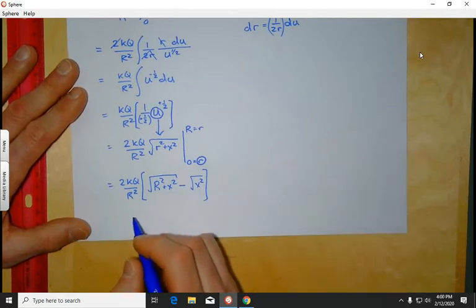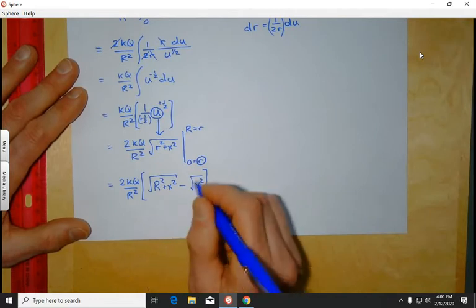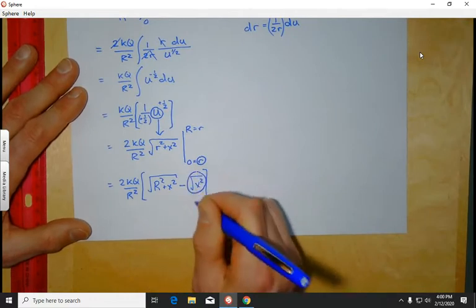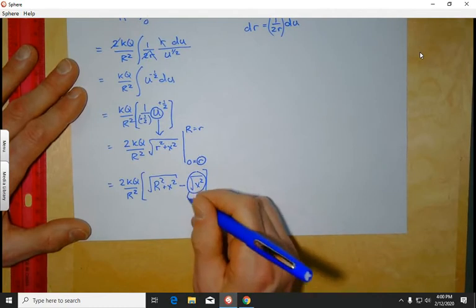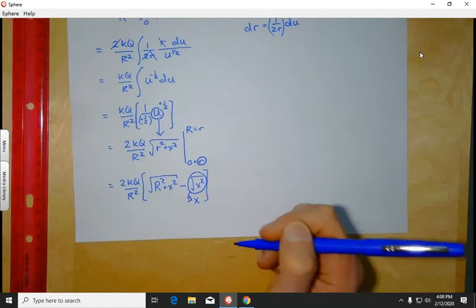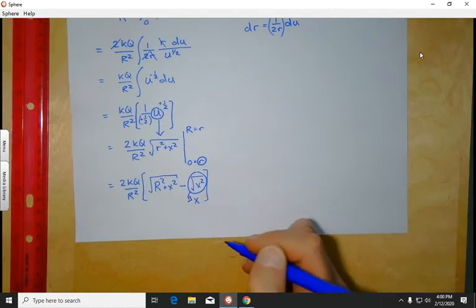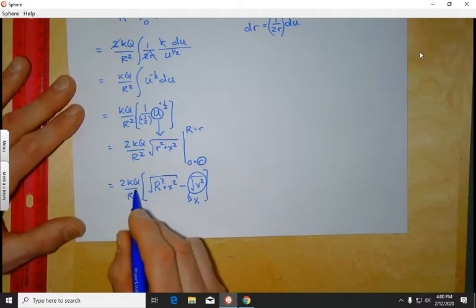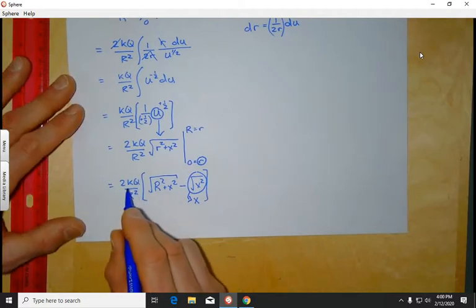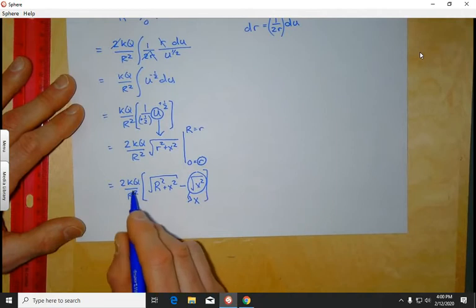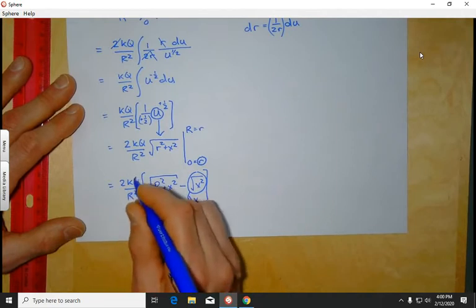So we've got that. Of course, this just becomes x. That's nice. And if you look at what you have over here, you've got k over r squared.